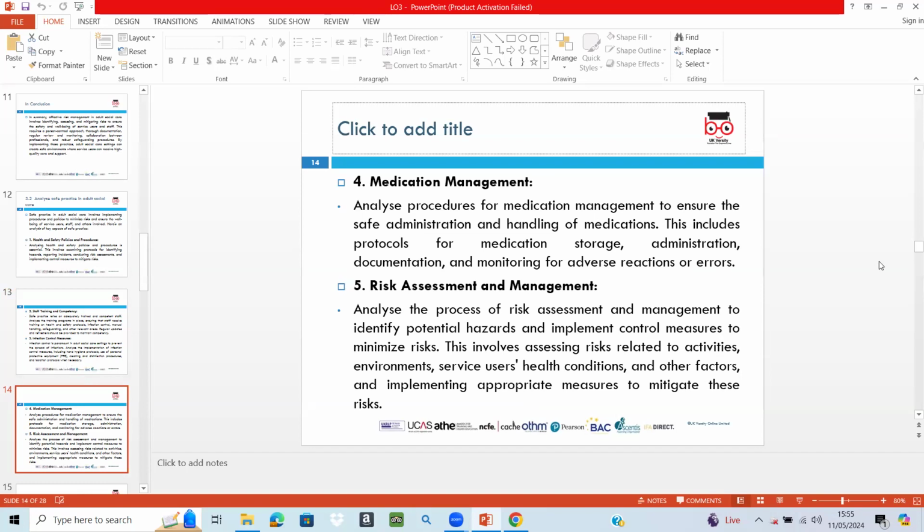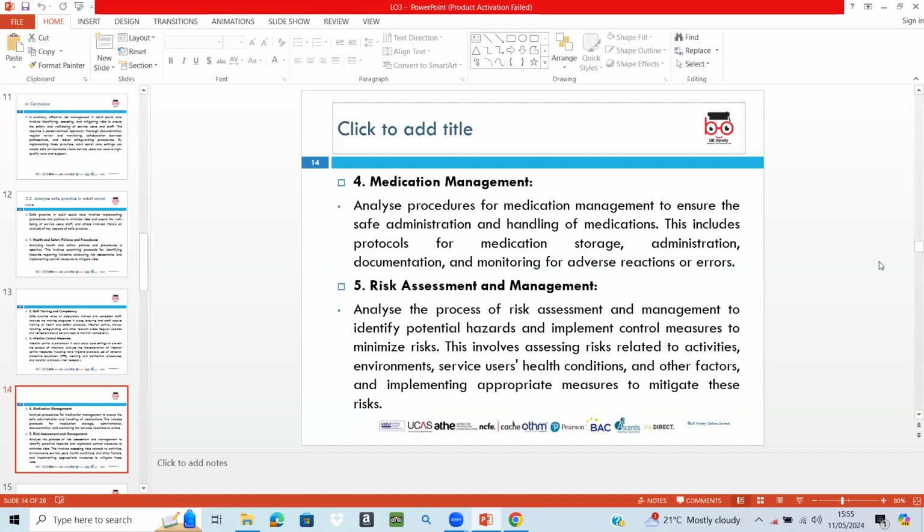So by analyzing medication management procedures and risk assessment and management procedures, we see this is a crucial aspect as well, and it ensures safe practices in adult social care. So that's why these procedures are very important.